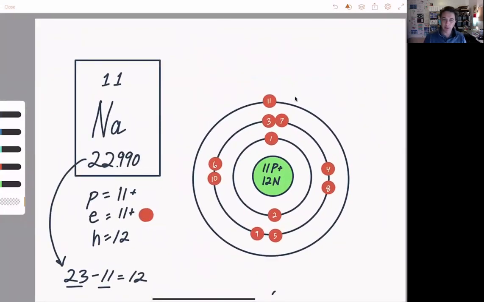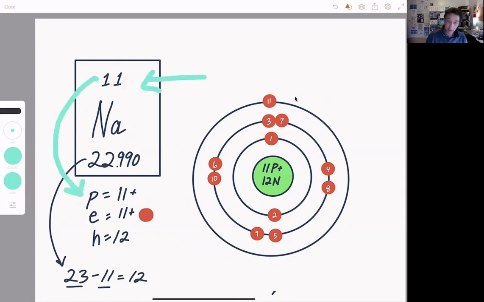If we go back here, just kind of review, atomic number right there. Atomic number tells you the number of protons. All right, the number of protons is always the same as electrons for an atom. We figured out the number of neutrons by subtracting this number here, which rounds to 23.